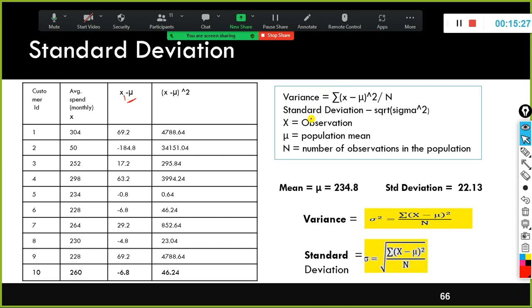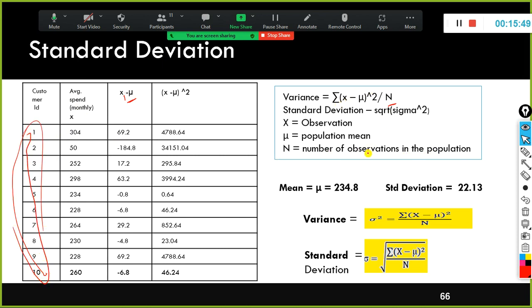You need to find the difference between the actual value and the mean for each and every value, and then divide by the total number of samples. N is the number of observations in the population. In this case, we have 10 records, 10 observations.